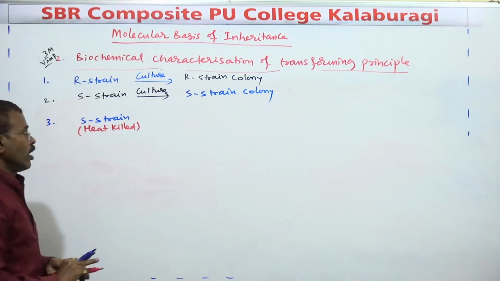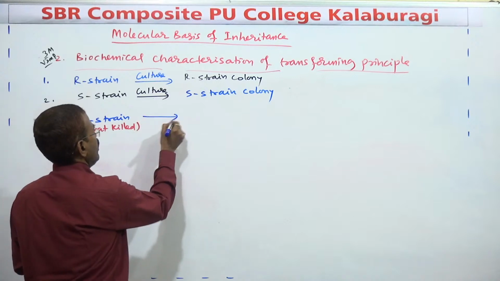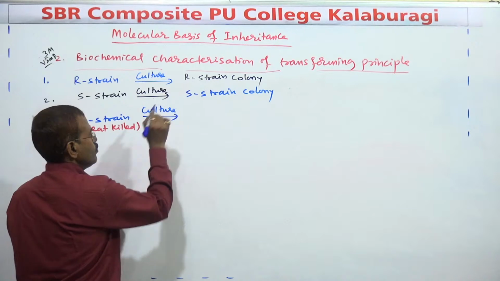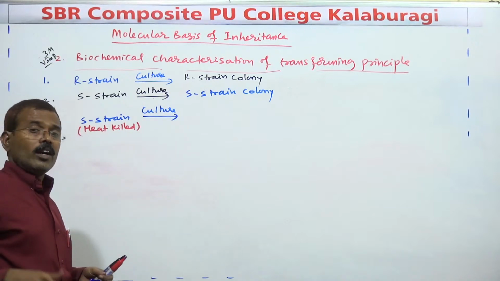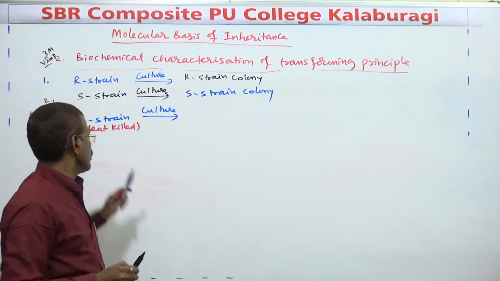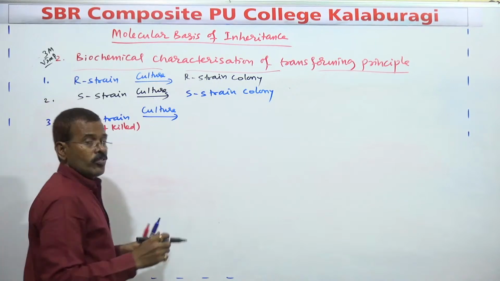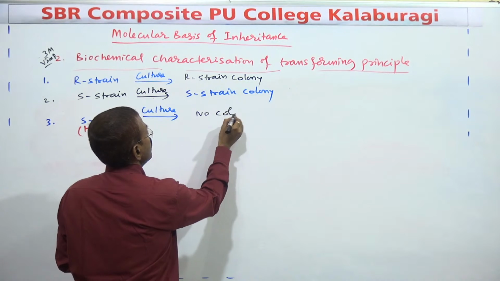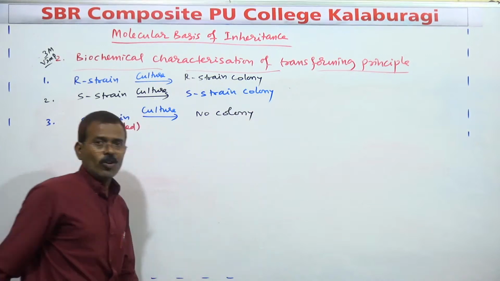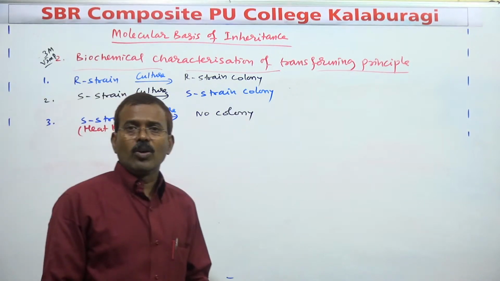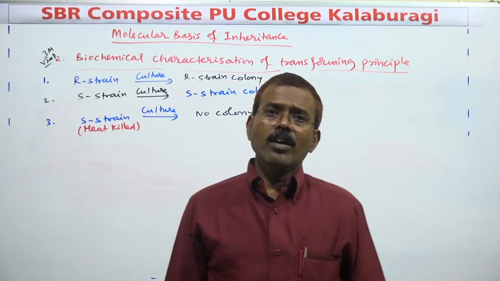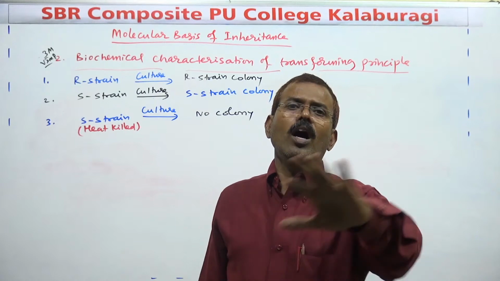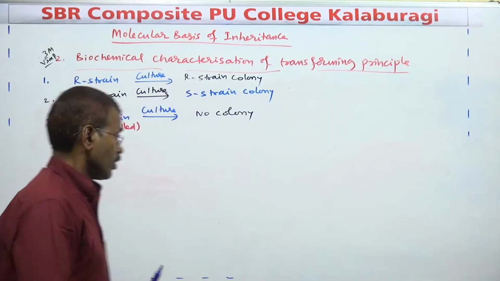So the heat-killed smooth strain bacteria were cultured on the nutrient medium, and this time no colony was produced. As it was given heat treatment, the bacterium could not multiply.